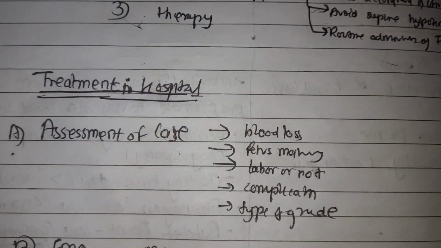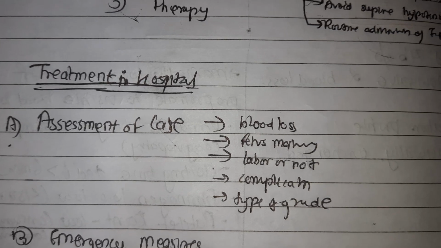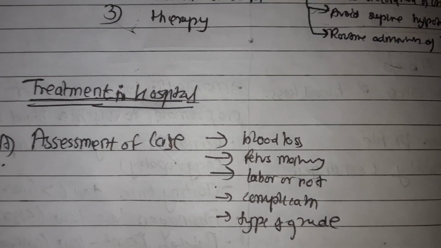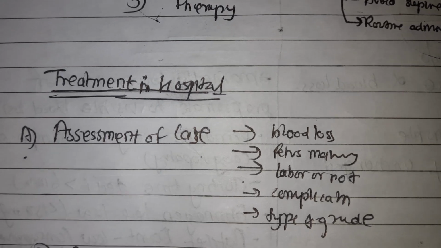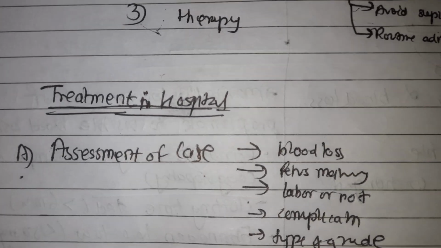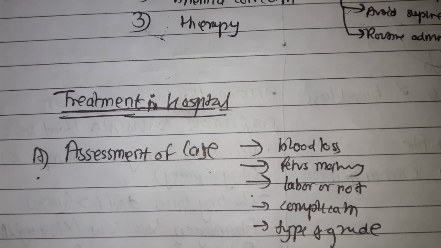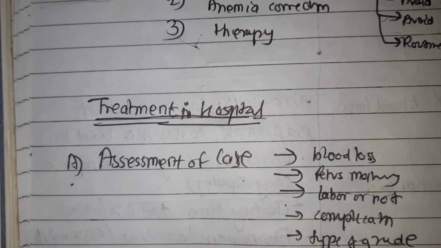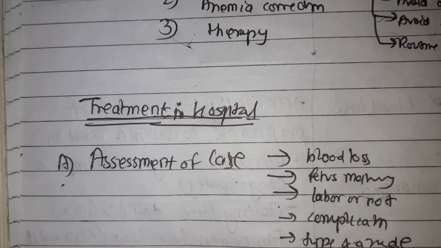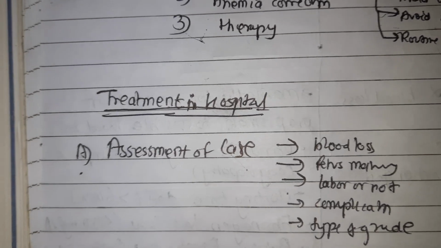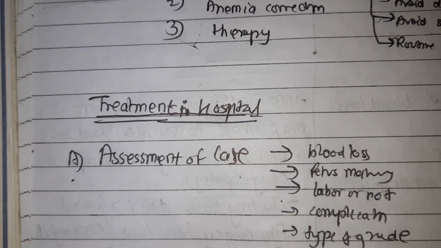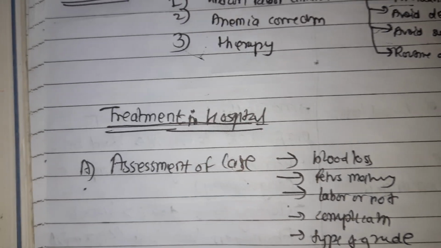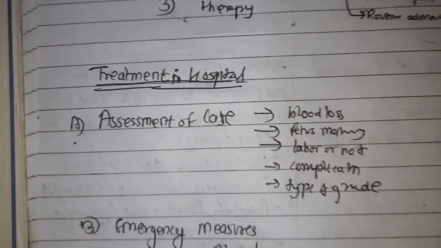Emergency measures: blood is sent for hemoglobin and hematocrit estimation, coagulation profile, fibrinogen level, fibrin degradation product, prothrombin time, activated partial thromboplastin time, and platelet count. ABO and Rh grouping and urine for protein are done, and ringer lactate solution drip is started with a wide bore cannula. Arrangement for blood transfusion is made for resuscitation, and close monitoring of maternal and fetal condition is done.